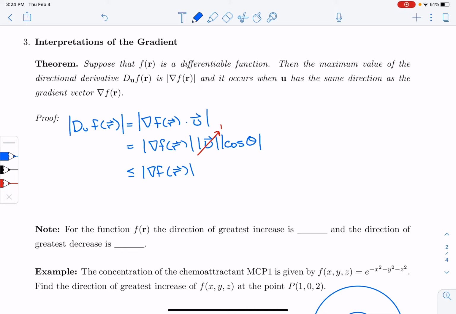Now the next question though is, when is this maximum achieved? The maximum is going to be achieved when cosine of theta is equal to 1. So for what angle is cosine of theta equal to 1?